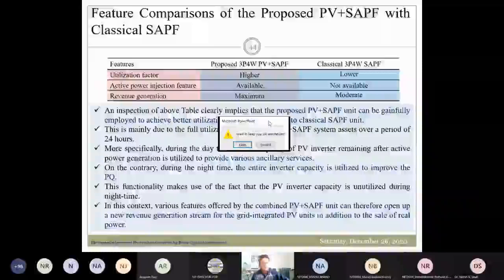Even if you do not want to use those, you can generate a triangular waveform and compare it with the error that you have achieved by the comparison of the reference current and actual current. Once you do that, you will have the pulse.